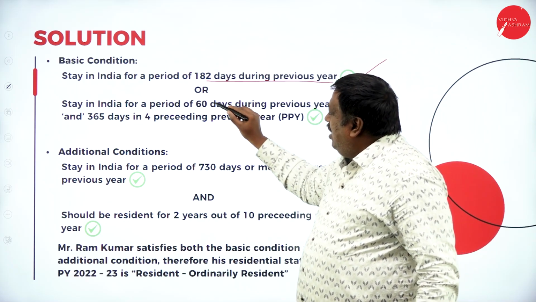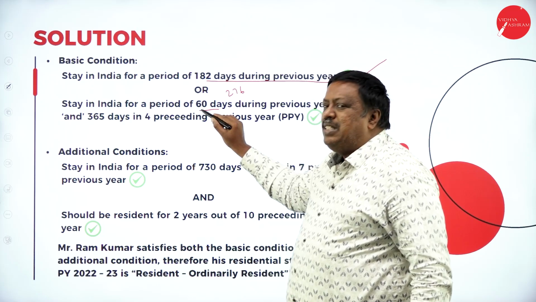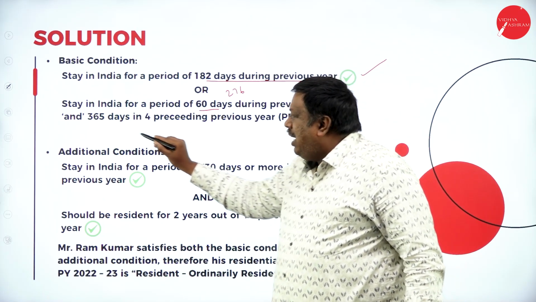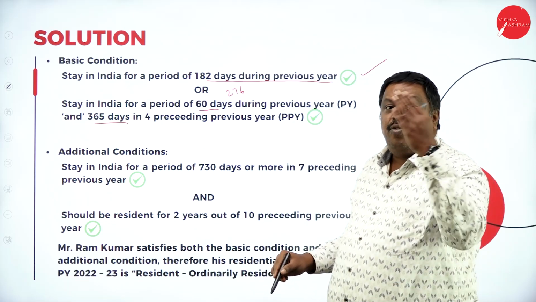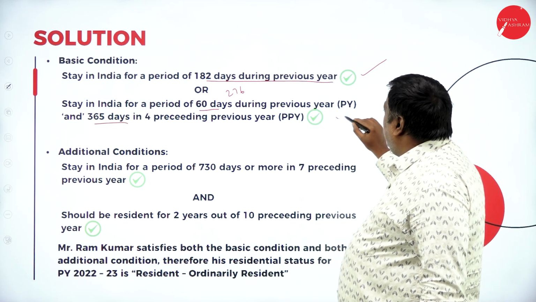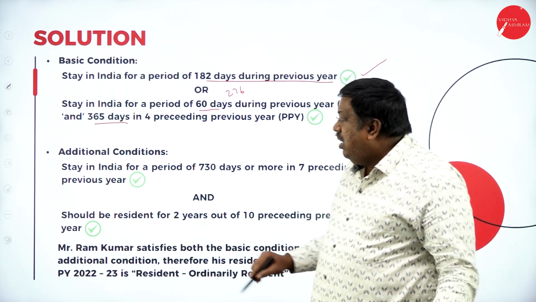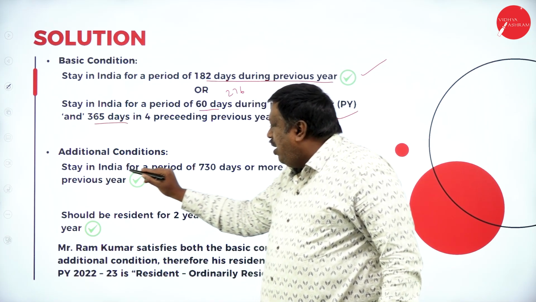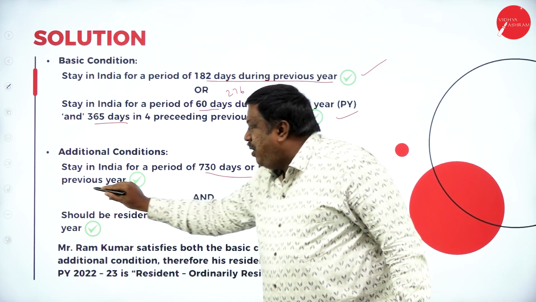So during previous year, my stay was 276 days. So I've satisfied. So I left India for the first time during previous year means before that, all the 4 years I was in India. So I've satisfied my second basic condition also. What is the additional condition we have here? Stay in India for a period of 730 days or more during 7 preceding previous years.